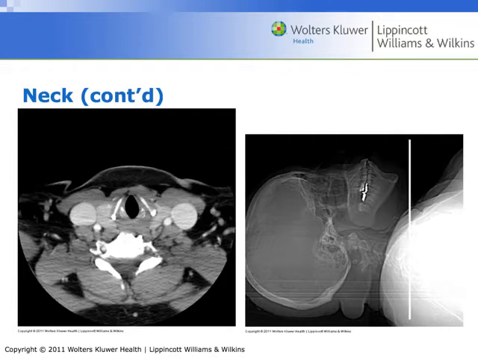Now we're getting into the area of the thorax. Sternohyoid or sternothyroid muscles. These white lines right here are thyroid cartilage.